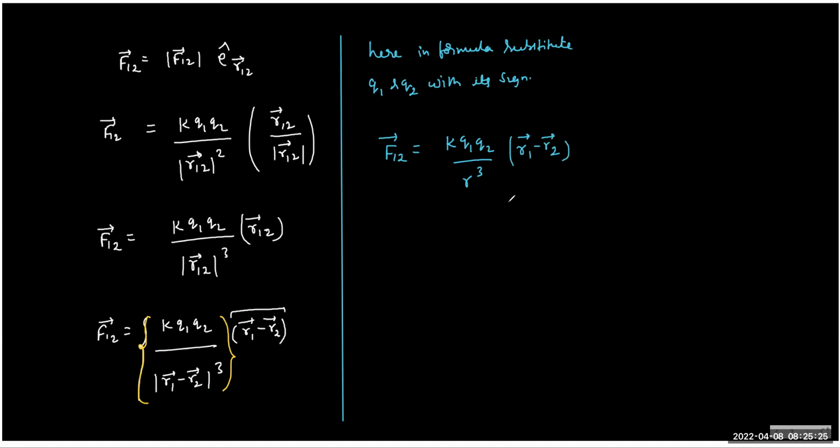Dimensionally this is extra, so the denominator will also get an extra power, because eventually the dimension should be K Q1 Q2 by R square, right? Just in case you're getting confused, you can remember this way: the denominator should be R cube because the numerator has an extra R. Similarly, F21 you can write as K Q2 Q1 upon R cube.